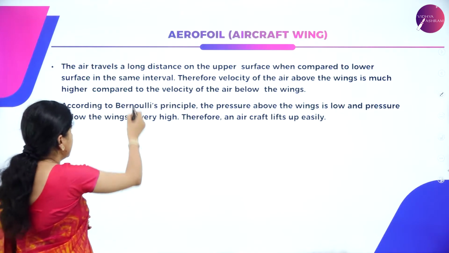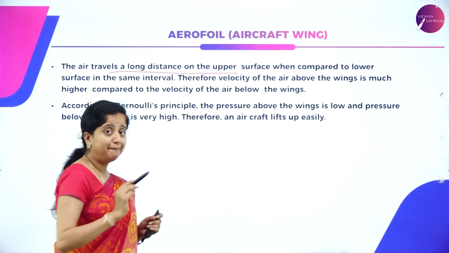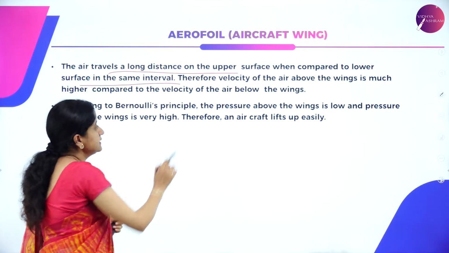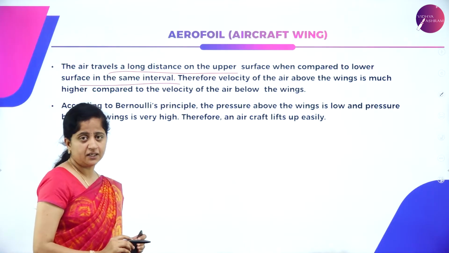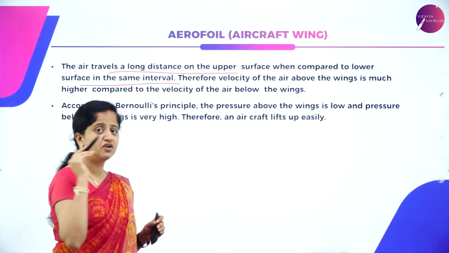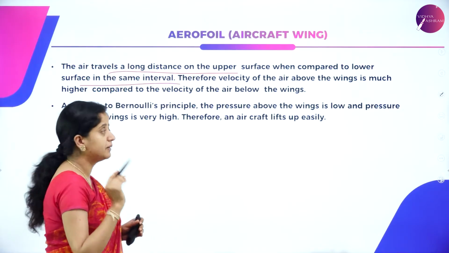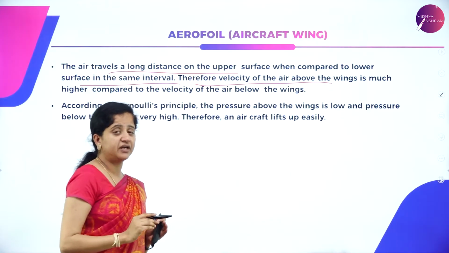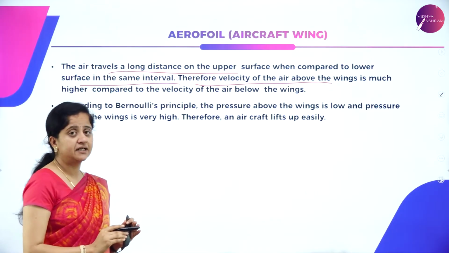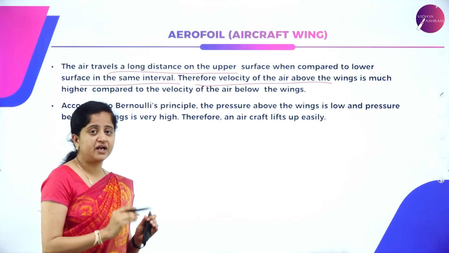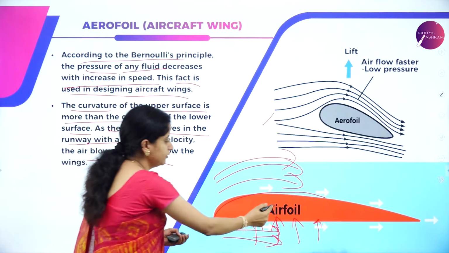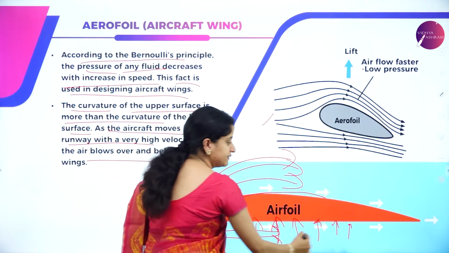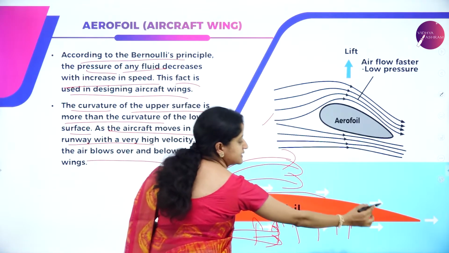In the same interval of time, the air travels a longer distance on the upper surface compared to the lower surface. The velocity of air above the wing is much higher compared to the velocity of air below the wing. As I explained earlier, the pressure must be high here, which means the velocity will be less compared to this region.